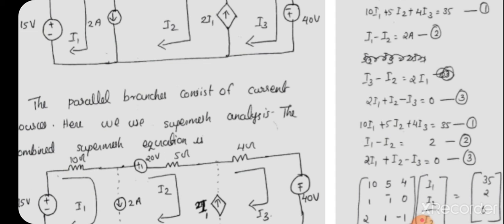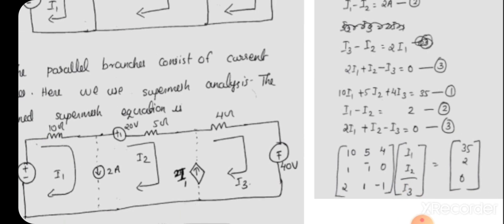So we can write the three equations in this manner: 10 I1 plus 5 I2 plus 4 I3 equal to 35, I1 minus I2 equal to 2, 2 I1 plus I2 minus I3 equal to 0.